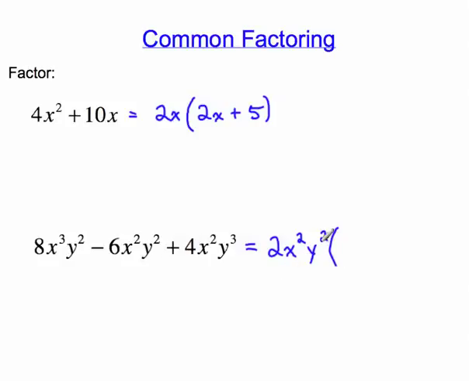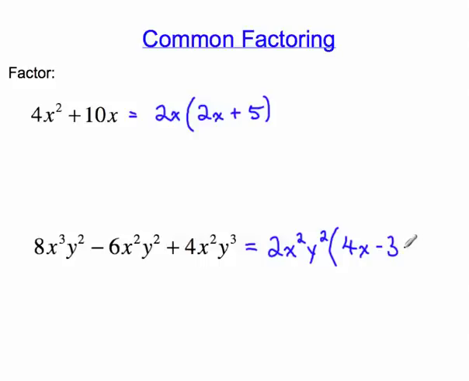So we've divided 2x squared y squared out of that first term. That leaves us with 4, and there's going to be 1 x left over, but all the y's are taken care of. Then we divide 2x squared y squared out of the second term. We're going to have a minus sign and then a 3, and x squared y squared gets rid of all the variables in that one, so we're done there.